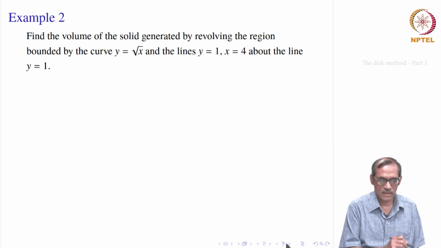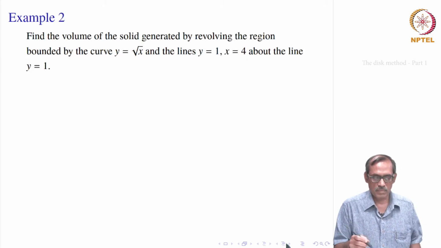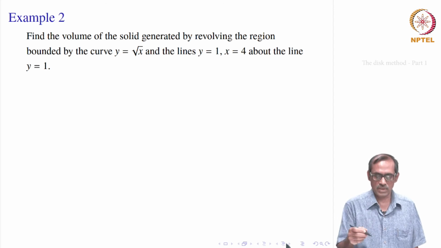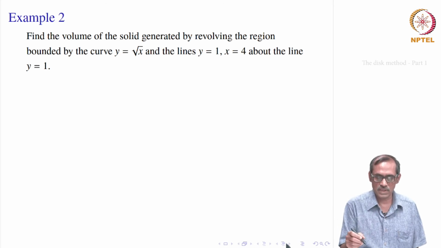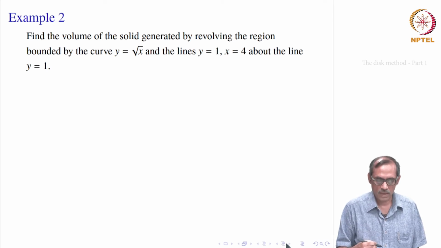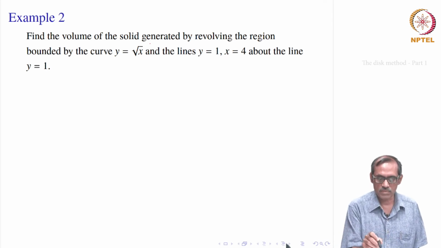Fine. We take one more example. Maybe the examples will introduce other kinds of regions which, when revolved, give rise to different kinds of solids, but all of them are called solids of revolution. Here we want to find the volume of the solid generated by revolving the region bounded by the curve y equal to root x like the earlier one, but now the region is bounded by the lines y equal to 1 and x equal to 4, about the line y equal to 1.